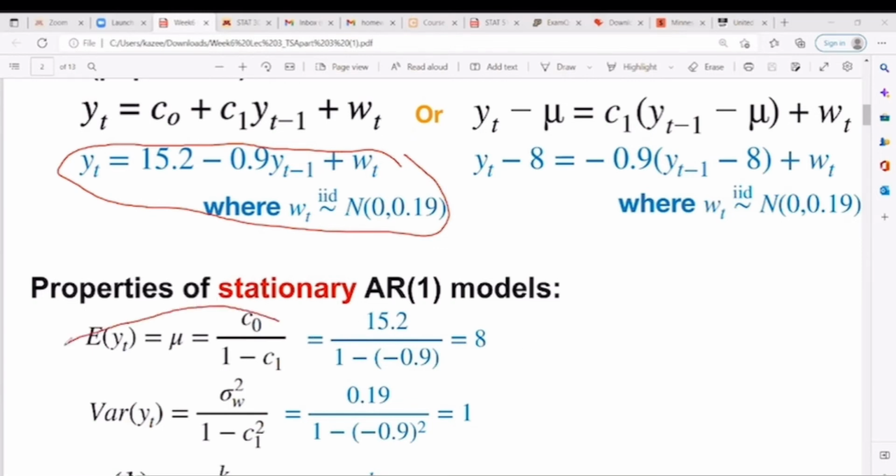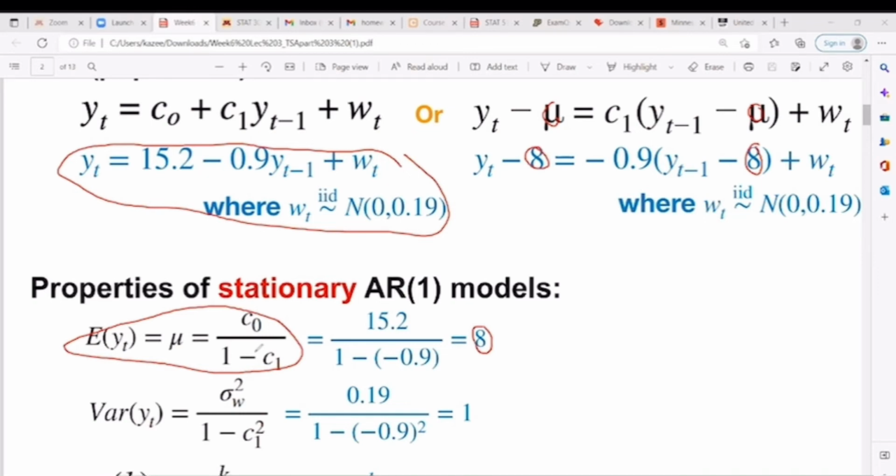Take a look at the formula I walked you through the other time. It's very easy. The mean is just C naught divided by 1 minus C1. In this model, your C naught is 15.2 and your C1 is negative 0.9. By the time you plug that in, you get 8. That was how we got the 8 here, which I now call mu. So for the autoregressive model, that's a simple formula if you want the expected value of YT, which we call the mean.